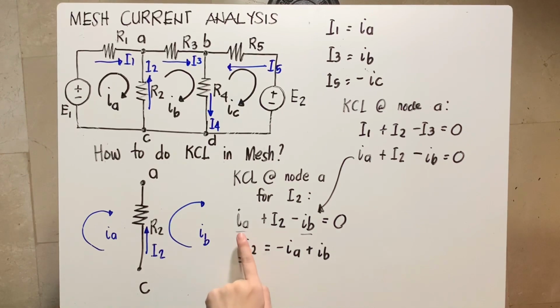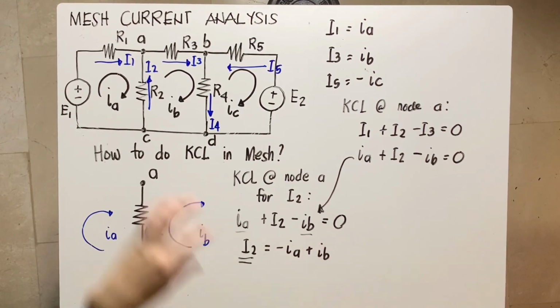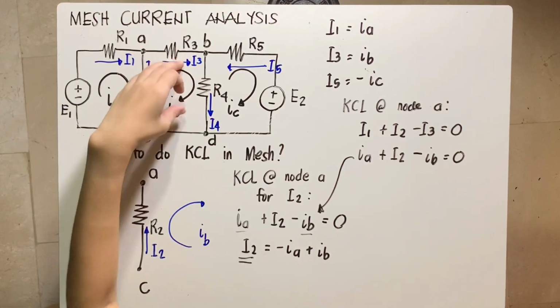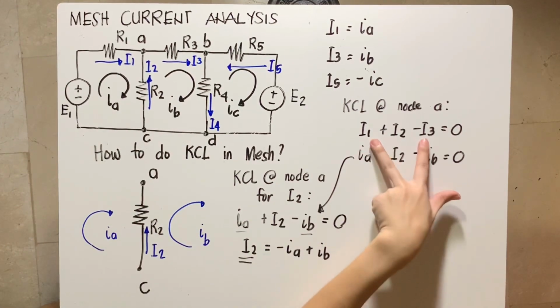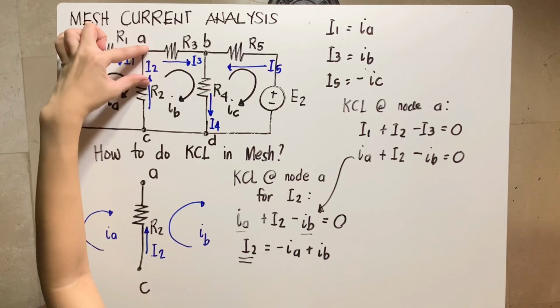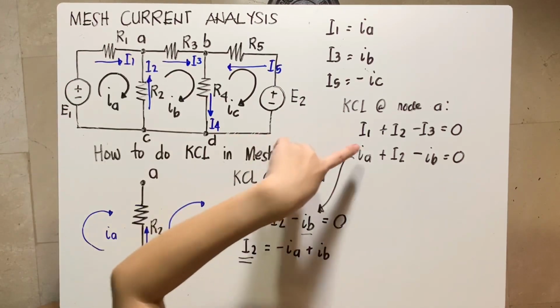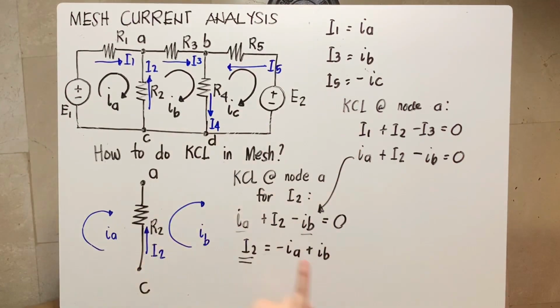Nakita? Etong equation na to ay ginawa ko looking at the mesh currents and the unknown current I'm solving. While this equation, I made it using the branch currents. But, kapag nag-substitute tayo, lalabas iisa lang ang equation yon. So, you have two options on doing your KCL. Kayo po ang bahala, whichever is convenient.